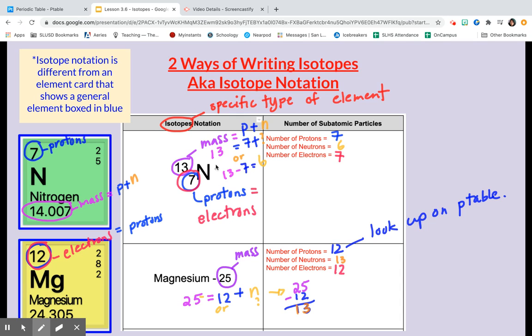I would definitely label what counts as the mass, what counts as your protons and electrons, and then how you figure out the number of protons and electrons for this one. We have to look it up on the periodic table, right? This one's a little bit trickier. So those are the two ways we can identify isotopes.